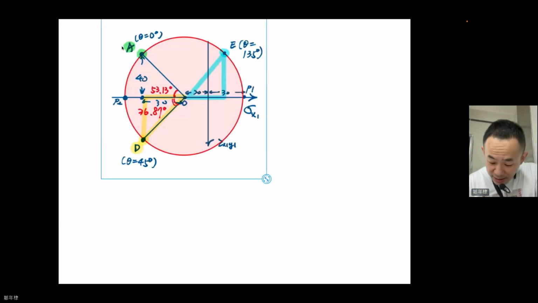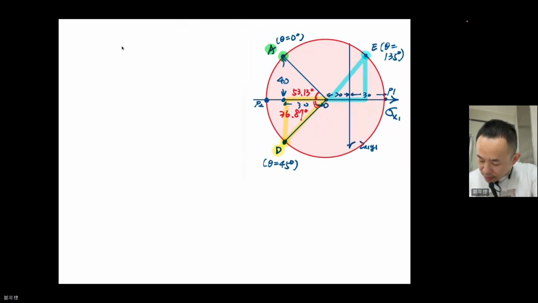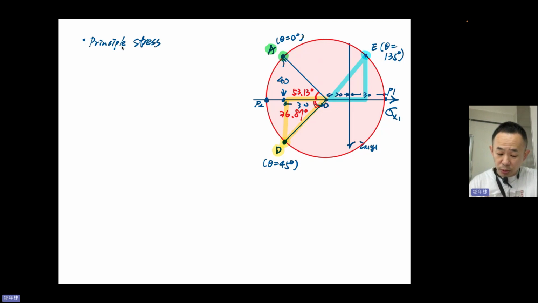Okay. Pass. Continue. So next one is principal stress. I believe you know principal stress. The first one is P1, and the other is P2. So how about P? Okay, so next one.